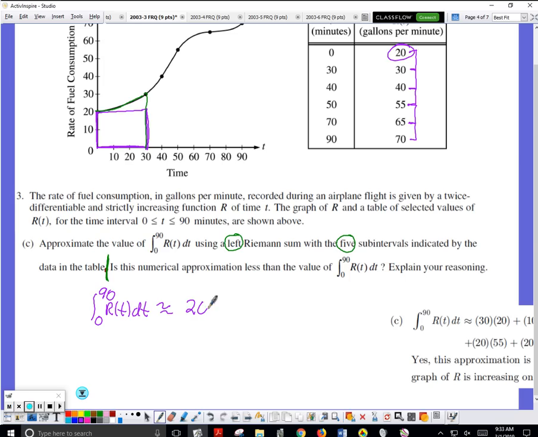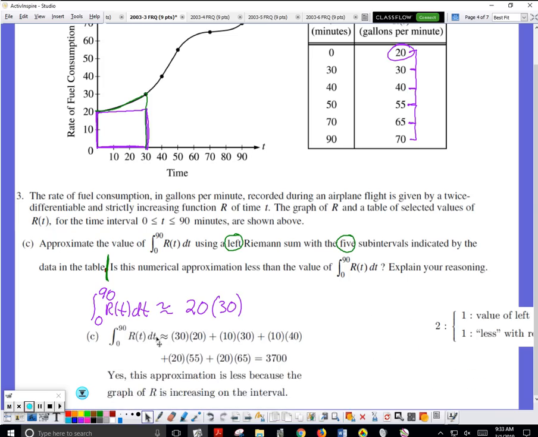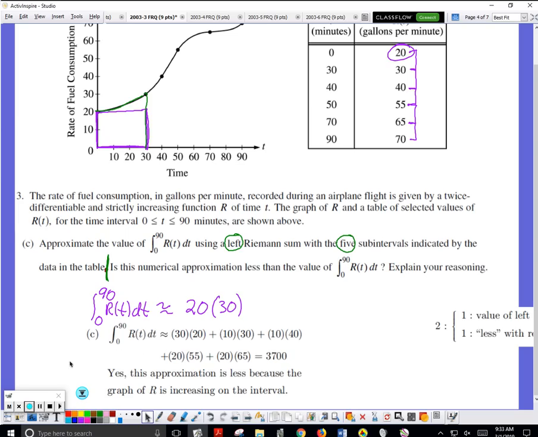I need to multiply by dt for that subinterval, like that. Questions? Just repeat the process. You'll end up with this. We'll cheat and use their little thing. So there's their work. We'll do the explanation in a second. Questions? Please, Mike. Do you have to add it all up, or can you just leave it as the equation? Just leave it as the equation. So this part here is not required.